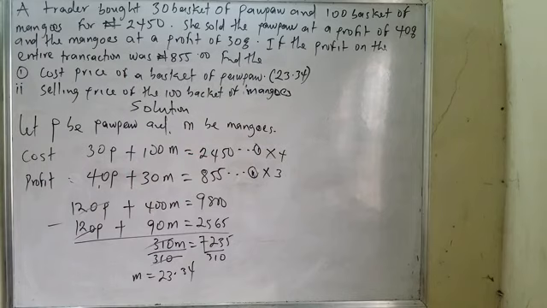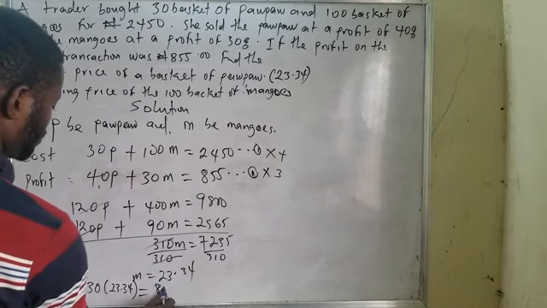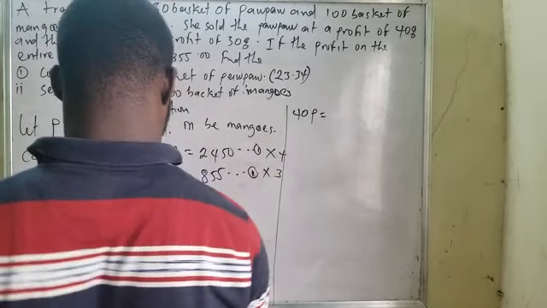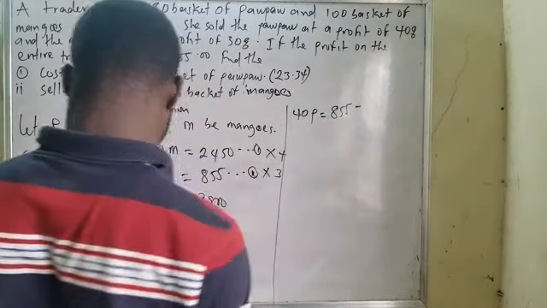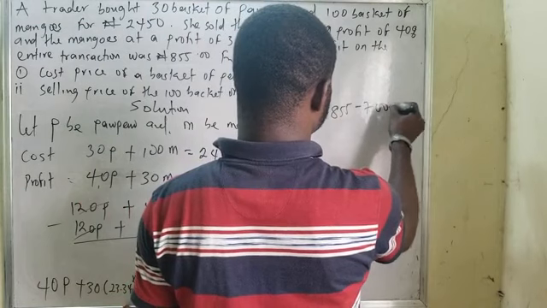Now, from here, I can get my pawpaw by picking any of the equations that is comfortable, 30P plus 30 bracket of 23.34 equals to 855, which I will be having, 4 equals to 855 minus this times this, it will be equals to 700.2.